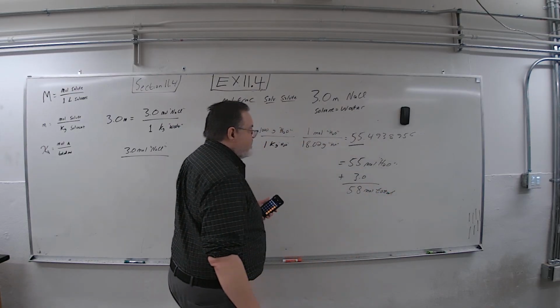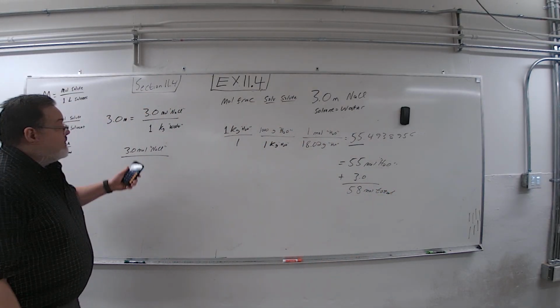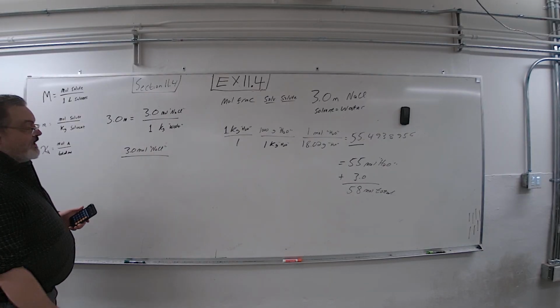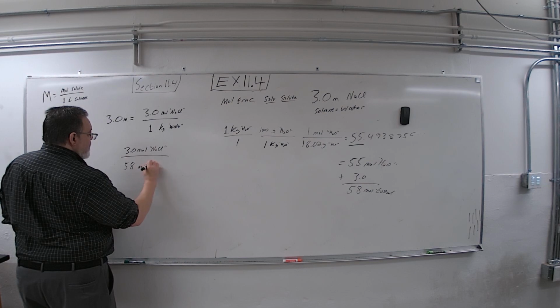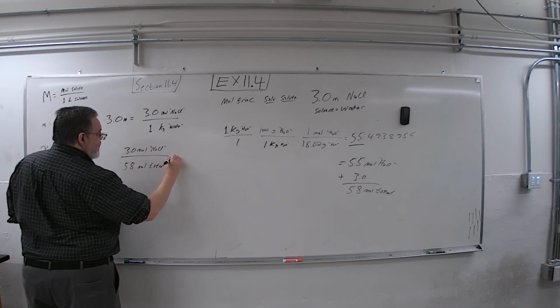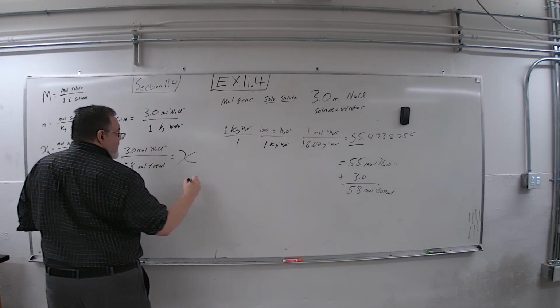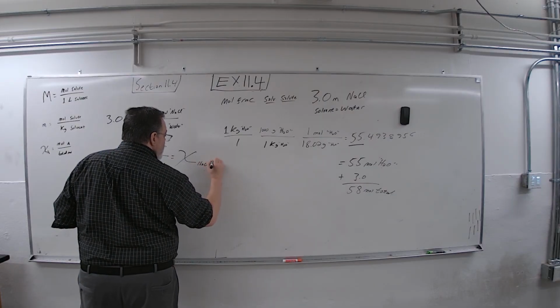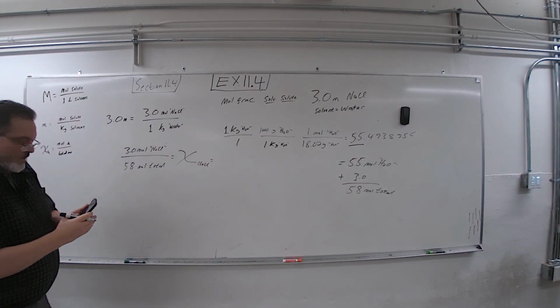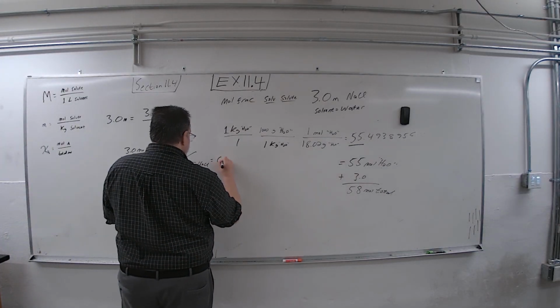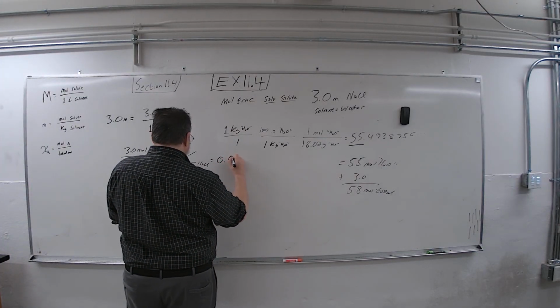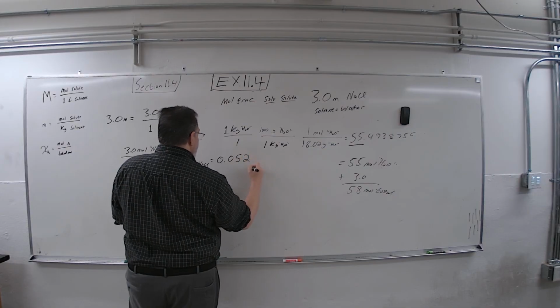So our total moles is 55 moles of water and 3 moles of NaCl, so 58 total. And I would call this X NaCl: 3 divided by 58, 2 significant figures will give us 0.052.